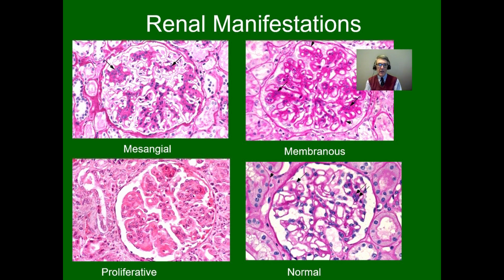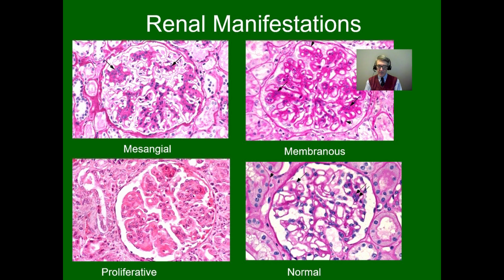It's recognized by checking the urinalysis and looking for the presence of protein, blood, and cellular casts. And if it's suspected, a kidney biopsy is required.